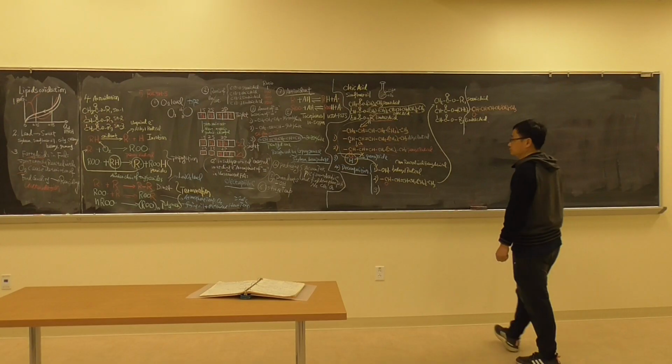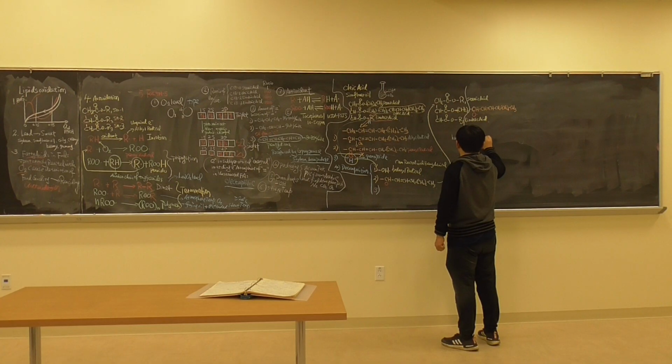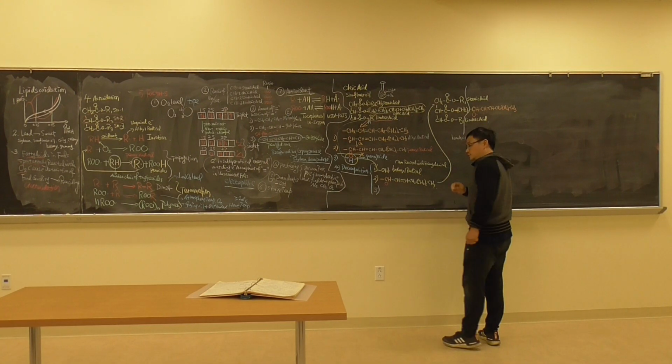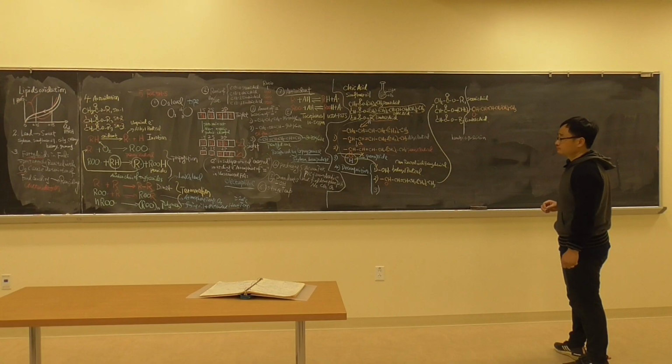This is the one we call homolytic beta scission, same thing as beta hemolytic on the blood agar for bacteria. We'll cut like this. Okay, once cut like this, what happened?